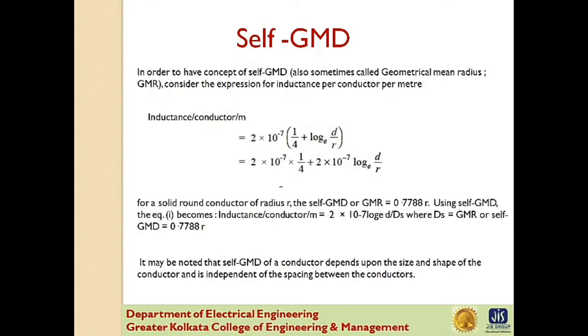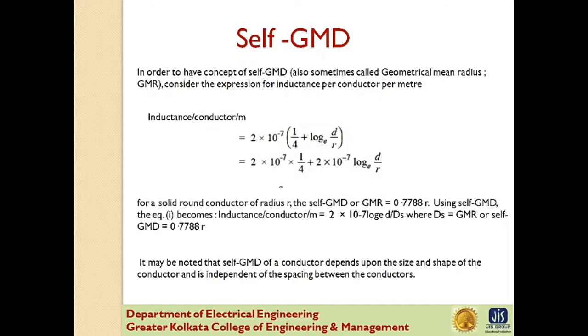Now for many purposes it is desirable to eliminate this term by introducing a concept called self GMD, or sometimes it is called self GMR. If we replace the original solid conductor by an equivalent hollow cylinder with extremely thin walls, the current is confined to the conductor surface and the internal flux linkage would be almost zero.